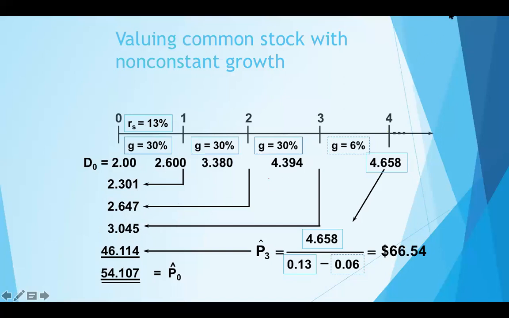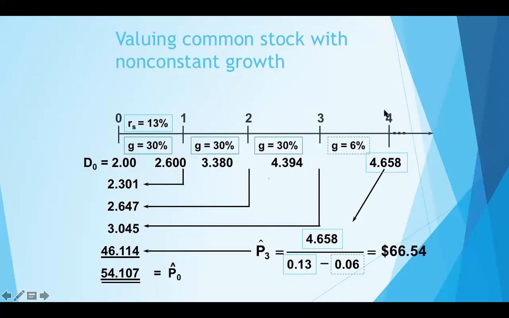Then for the fourth year, we know that starting from the fourth year, we have a 6% constant growth rate. Then we can use the formula, right? You remember we calculate P0 using D1, the following year's dividend.